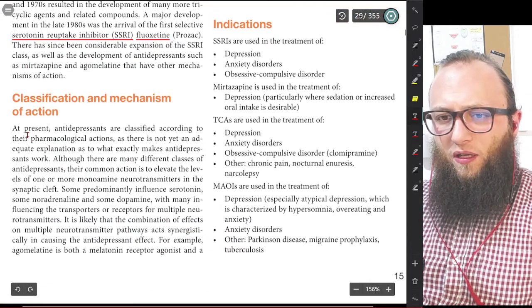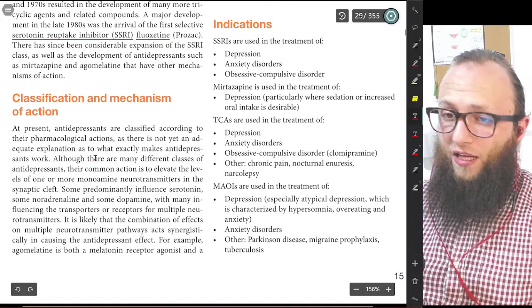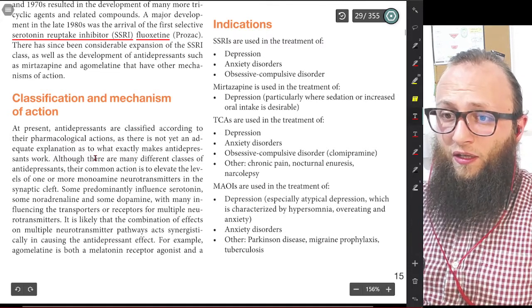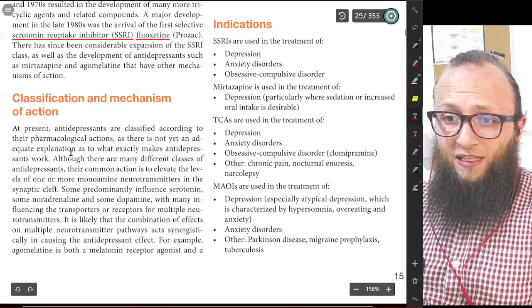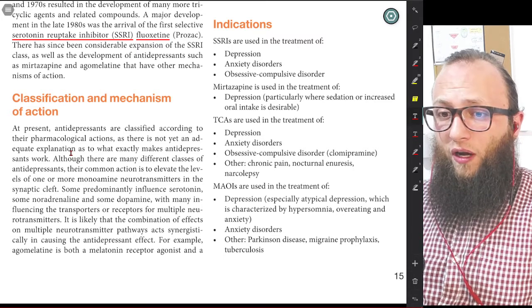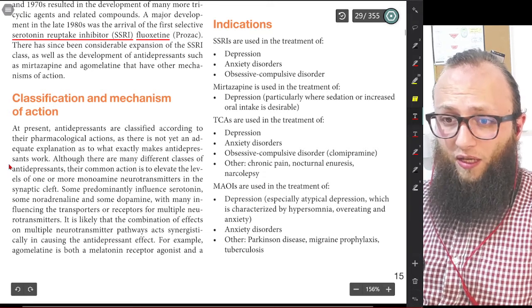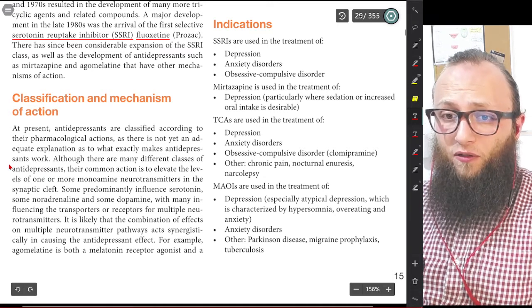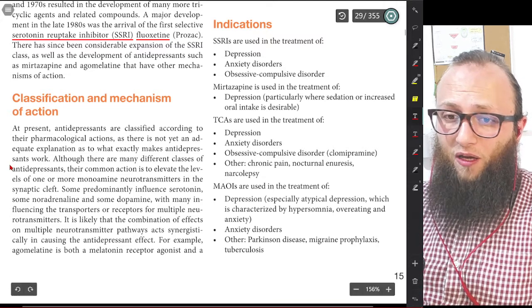At present, antidepressants are classified according to their pharmacological actions, as there is not yet an adequate explanation as to what exactly makes antidepressants work. Although there are many different classes of antidepressants, their common action is to elevate the levels of one or more monoamine neurotransmitters in the synaptic cleft.